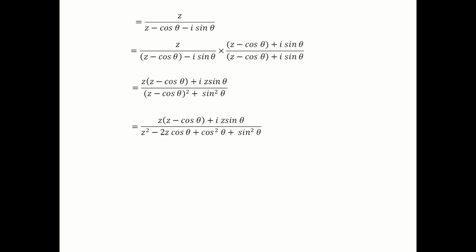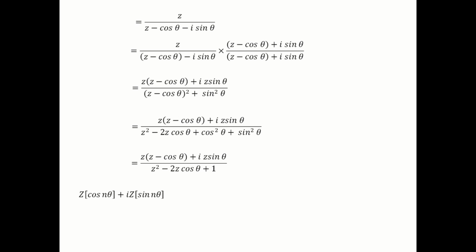The numerator stays z(z minus cos θ) plus i z sin θ. Expanding the denominator using the (a minus b)² formula: z² minus 2z cos θ plus cos²θ plus sin²θ. Grouping cos²θ plus sin²θ gives 1. So the denominator is z² minus 2z cos θ plus 1.